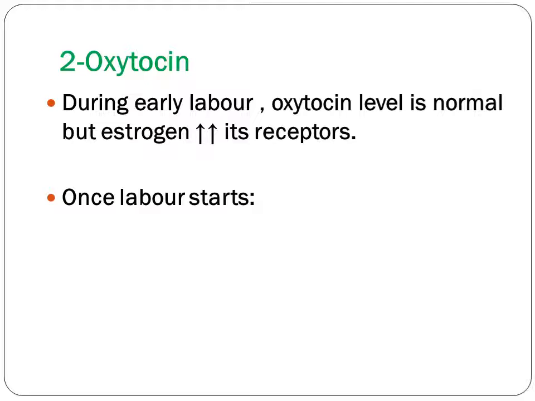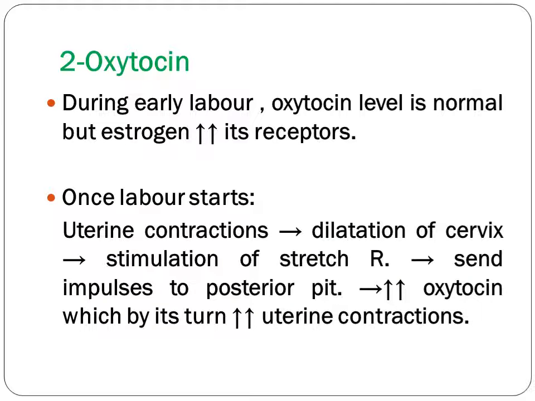Once the labor starts, we start something called a positive feedback mechanism, in which the uterine contraction will push the baby against the cervix, stimulating the cervix stretch receptors. This will send impulses to the posterior pituitary gland to increase the oxytocin release. And the oxytocin, in turn, will also increase the uterine contraction.